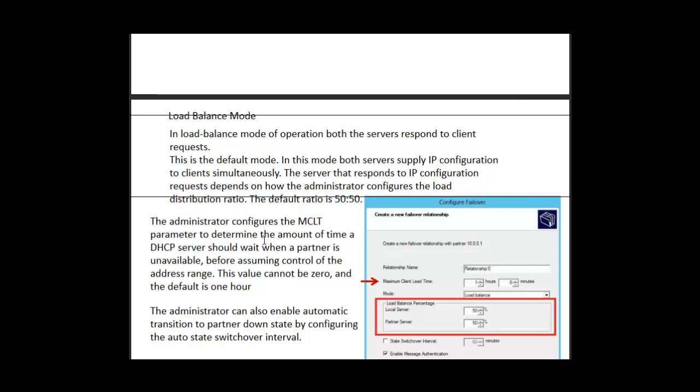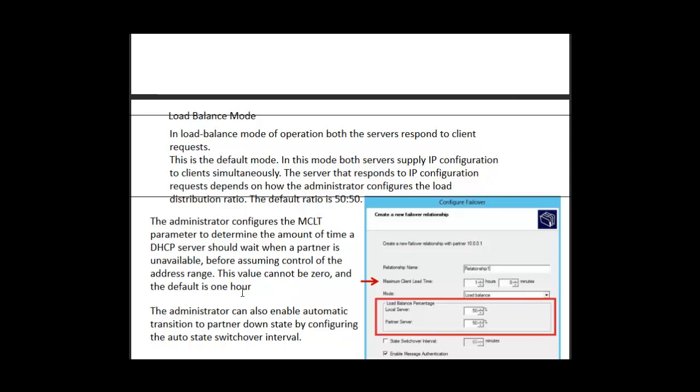So you as the administrator, you have to configure what we call the maximum client lead time, referred to as MCLT. And this determines the amount of time the DHCP server should wait when a partner is unavailable before taking control of the address range. And again, this value cannot be 0. The default is 1 hour.